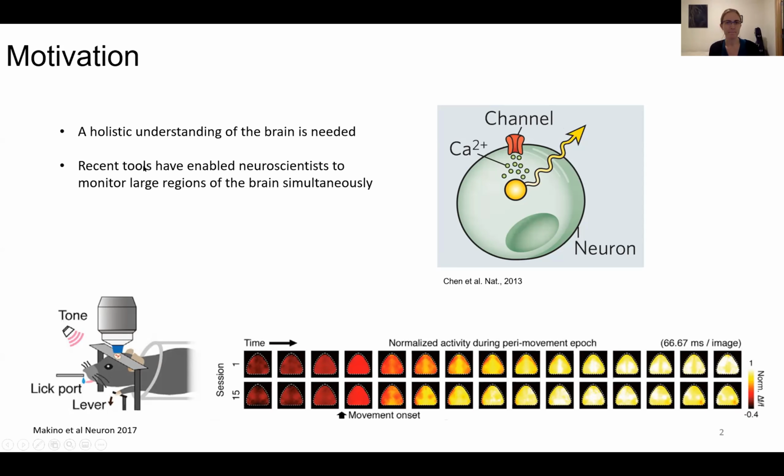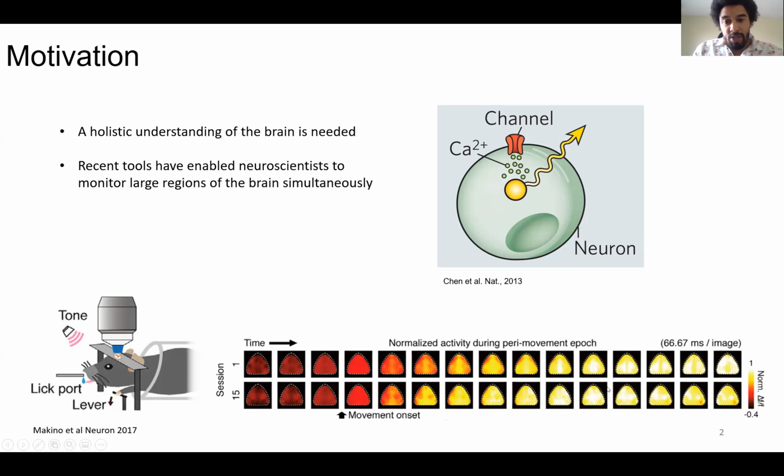Recent tools such as genetically encoded calcium indicators, a cartoon of one shown here on the right, have enabled neuroscientists to monitor large regions of the brain simultaneously at a high resolution. These tools have empowered them to do experiments where we have discovered changes in mesoscale activity across large regions of the cortex, such as shown at the bottom here, in a mouse performing a motor learning task, where it's head fixed and trained to press a lever to receive some water.